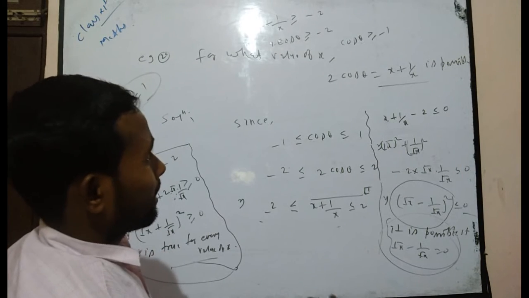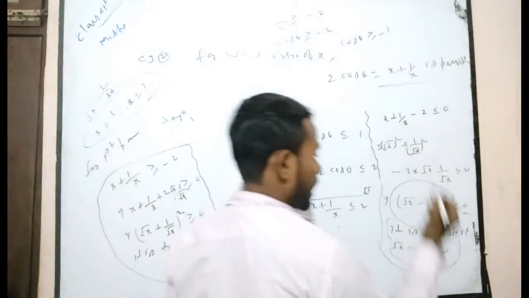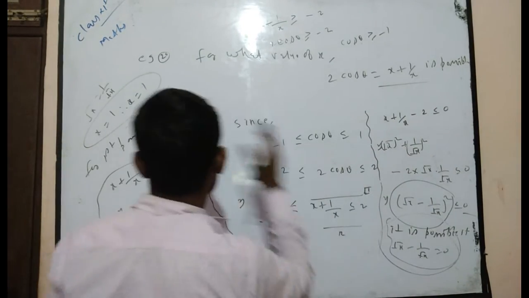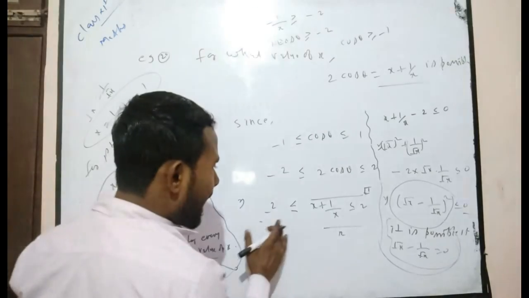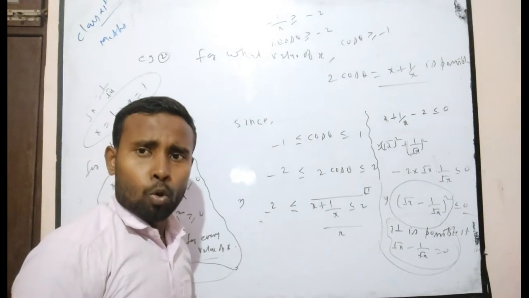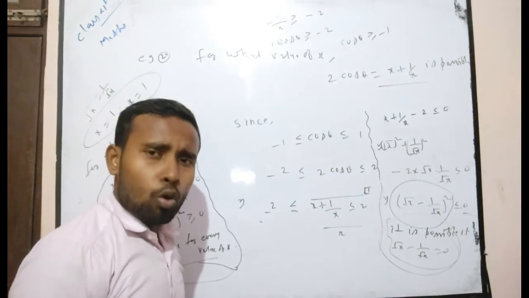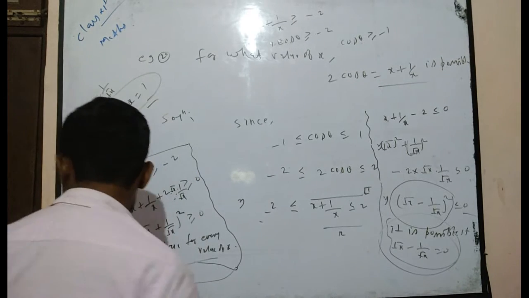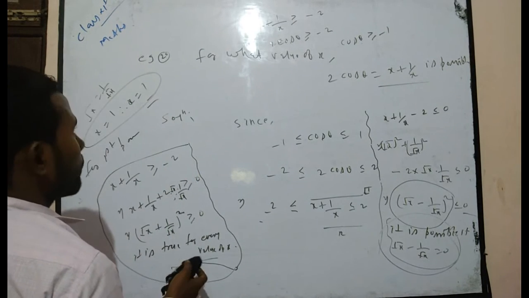You have already got that it is possible when x is equal to 1. By RHS you get x is equal to 1. If you go to LHS, do you know one of the important points?